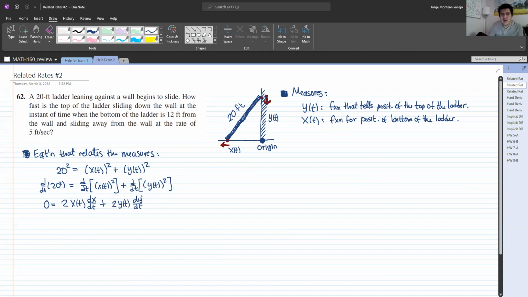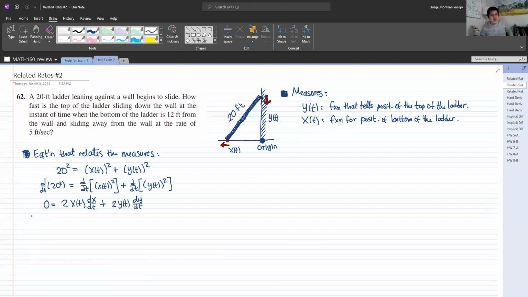Okay. Now we need to identify the information that is given in the problem and what is our goal. What is the quantity that we want to find out? Okay, so let's read the problem again, at least the part that matters. How fast is the top of the ladder sliding down? For the position of the top of the ladder, the function that we are using is y of t.